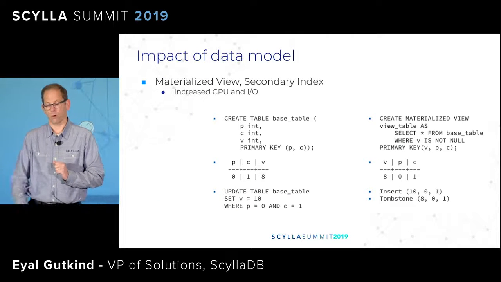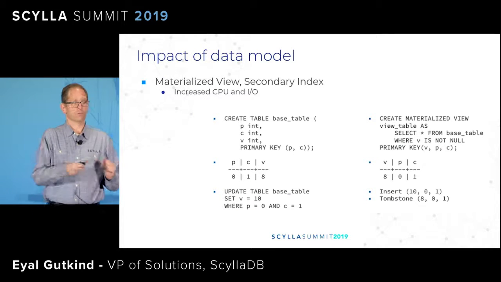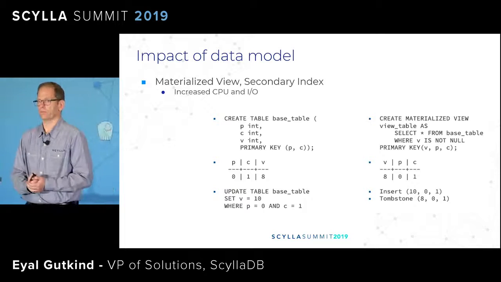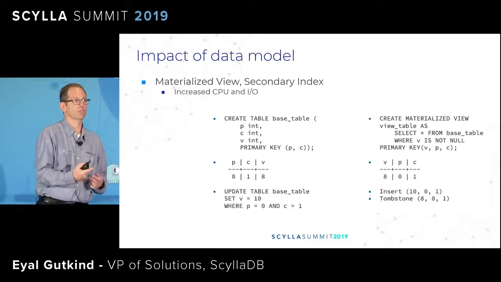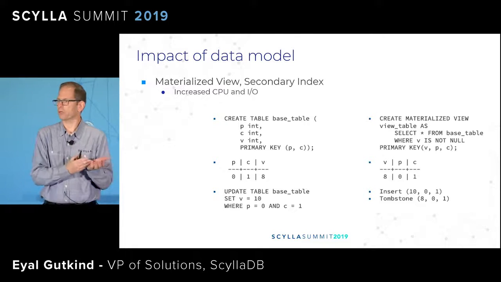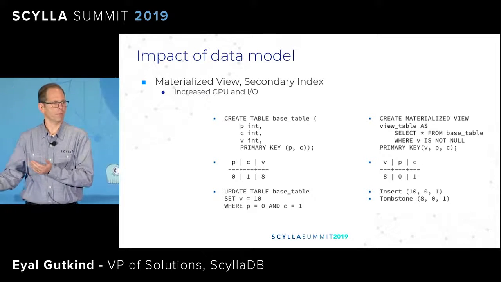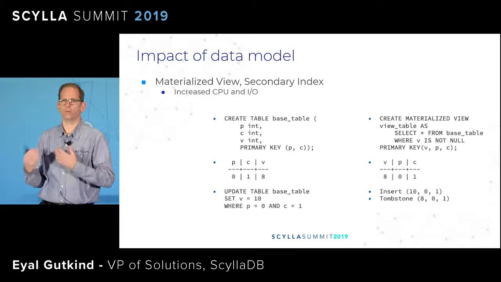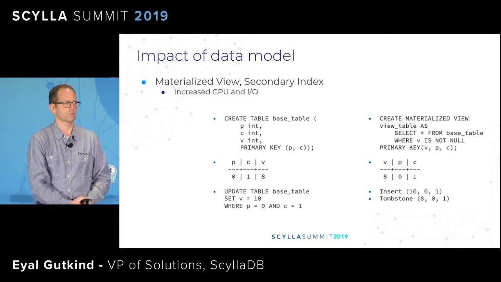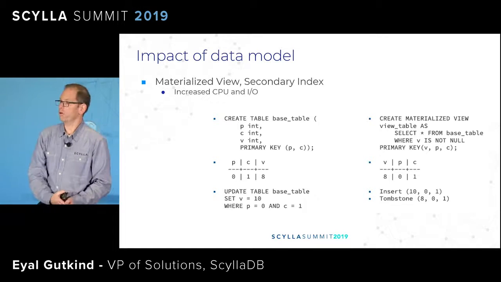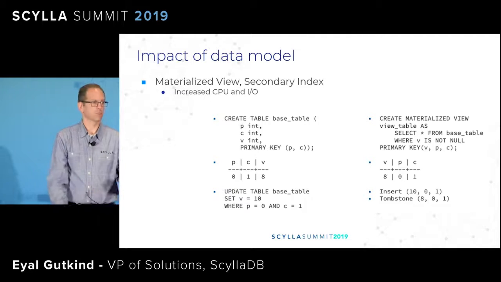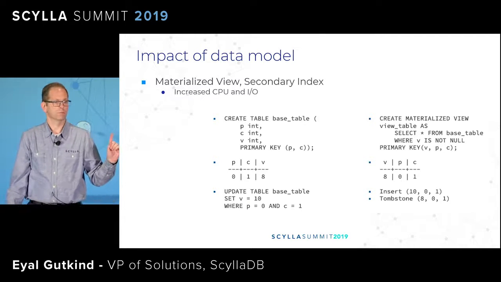Data model. Go back to your developers. So secondary indexes or materialized views. Every time you change your base table, it actually creates additional mutations of data in the replica or in the view. So you thought you're going to have 10,000 transactions per second, but actually you have 30,000 transactions per second just because you did 1. Okay?